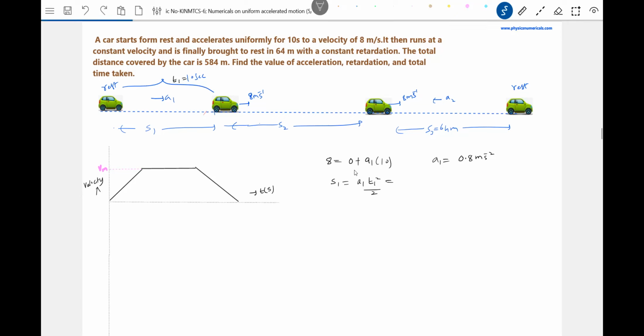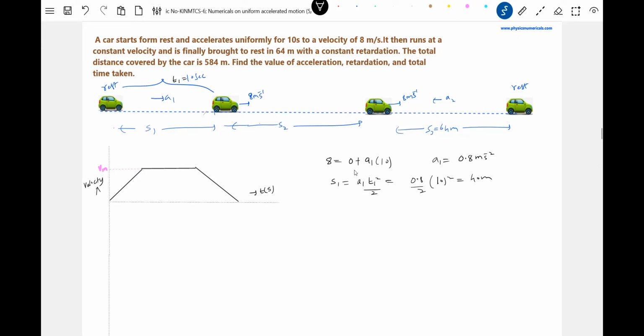Or the distance from V square minus U square equal to 2AS formula, you can also apply. A1 is 0.8, half times 10 square. So this will be 40 meter. Okay, now we got S1.